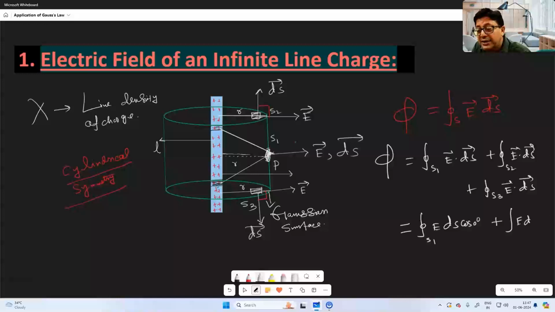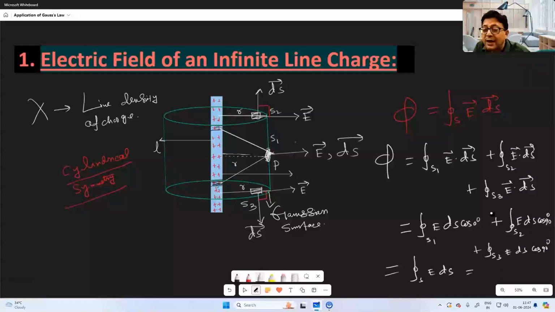So E ds cos 90 degree, the angle is 90 degree. So even on S2, the integrand will be 0 because cosine 90 degree is there. Similar is the case for surface S3. This is also E ds cos 90 degree. So the value going to be over the surface is E ds.